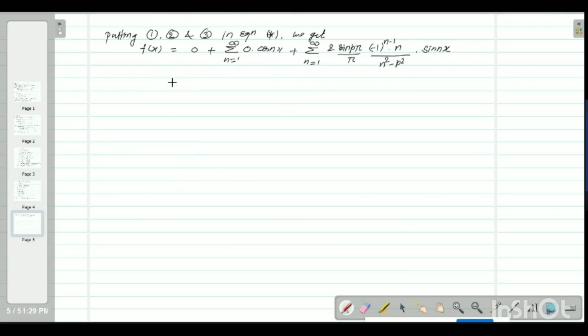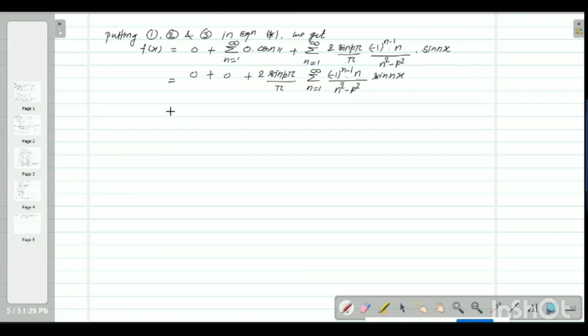So this is 0, this is 0, so no need to write down 0. Just if you want, then write down this is 0 plus, taking this constant term outside, 2 sine p pi by pi, the summation from n equal to 1 to infinity of minus 1 raised to n minus 1 into n divided by n square minus p square, sine nx.